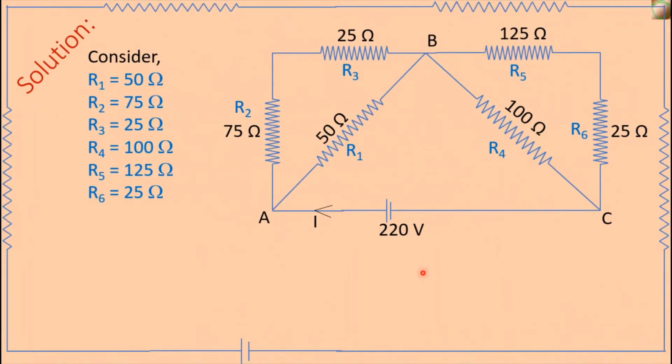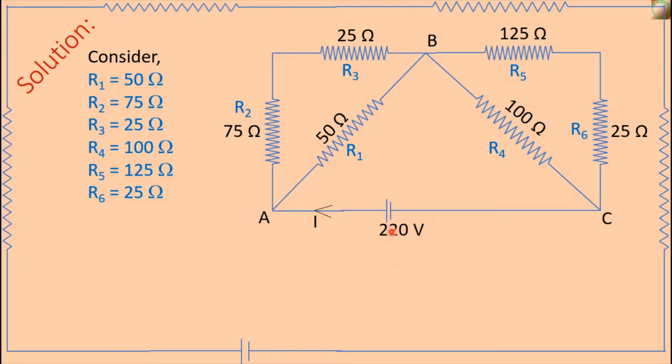Now we will determine the main current I flowing through this circuit. Already we have determined the equivalent resistance of this circuit, which is 93.33 ohm, and the voltage of the electric source is 220 volt, that is V is equal to 220 volt.